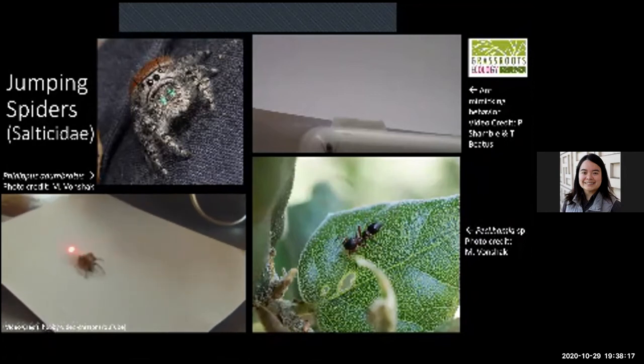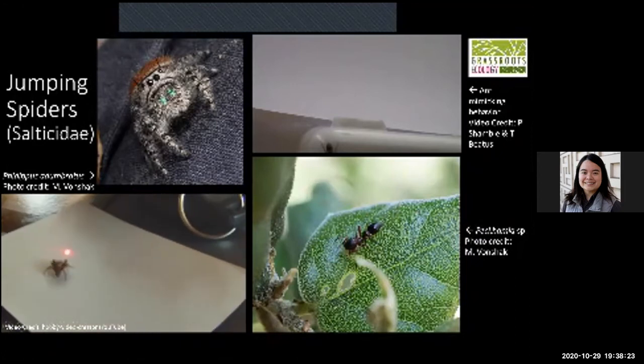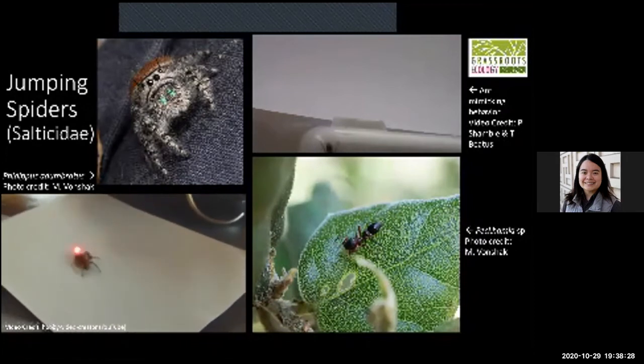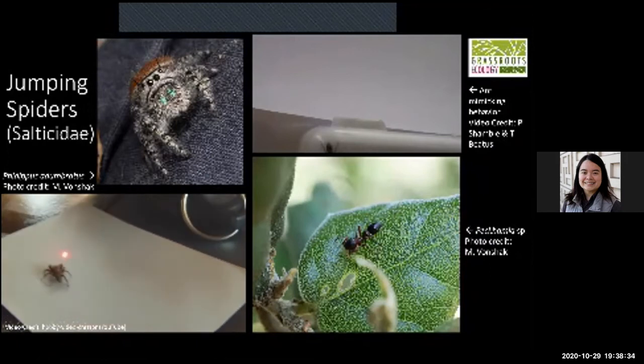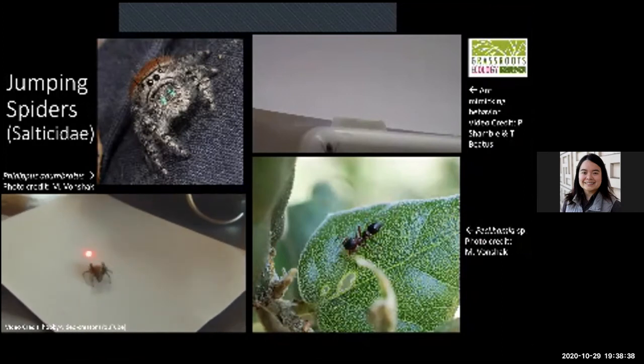There's also a few genera of these jumping spiders that live in California that actually mimic ants. And the photo on the lower right looks like an ant. It even has the skinny waist of an ant, but it is actually a jumping spider.